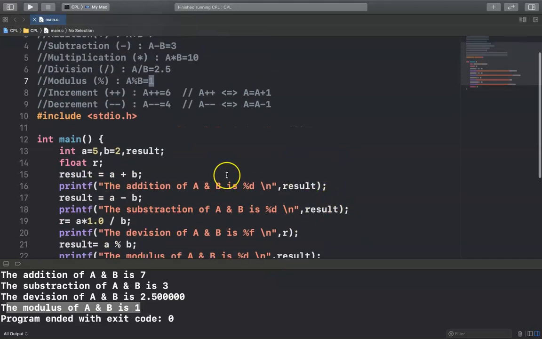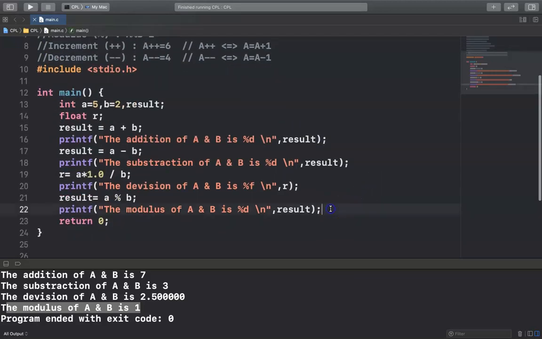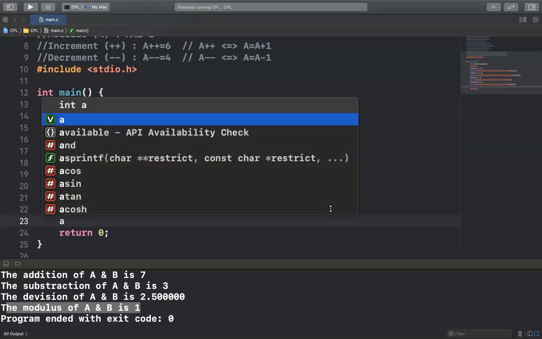And let me give example of increment. Increment, for example here, I write A plus plus.